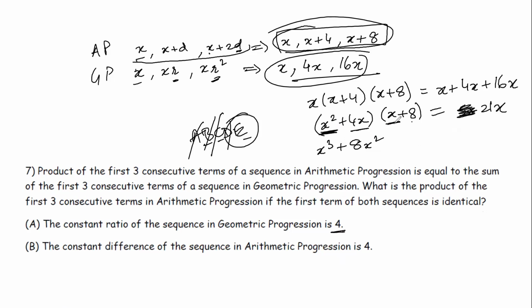And then 4x into x is 4x square. And then 4x into 8 is 32x, which is equal to 21x. So x cube plus 12x square, and then 32 minus 21 is 11x is equal to 0. Now we can further simplify this by dividing x on both sides.